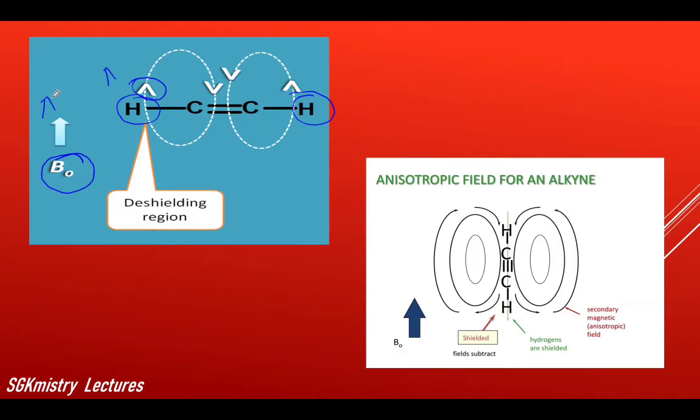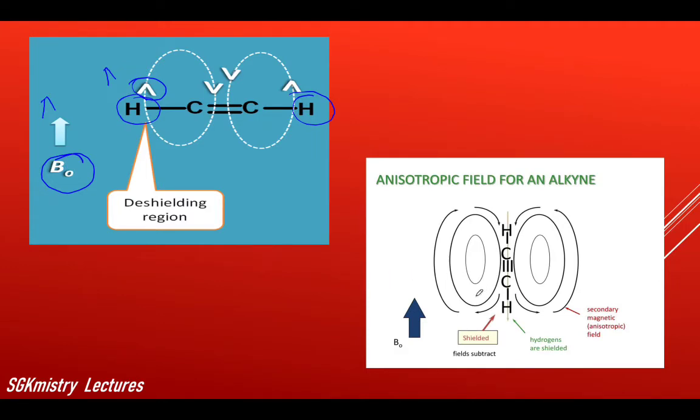When both the directions are the same, that is, both the direction of the circulation of the pi electrons near the proton and the direction of the external magnetic field are in the same direction, then we say that the effect adds up, or that the proton is deshielded and the chemical shift increases. So in case of alkenes, both are in the same direction and hence the proton is deshielded.